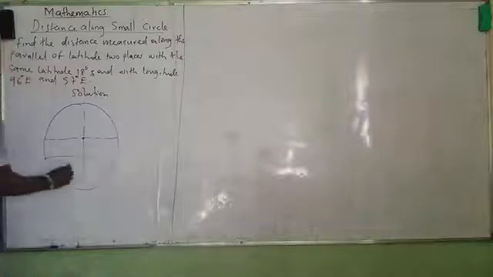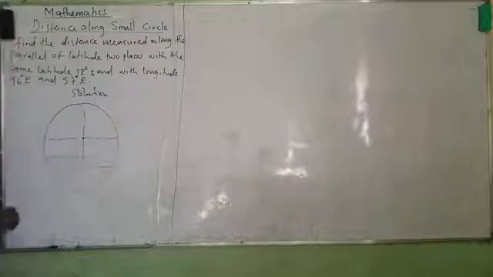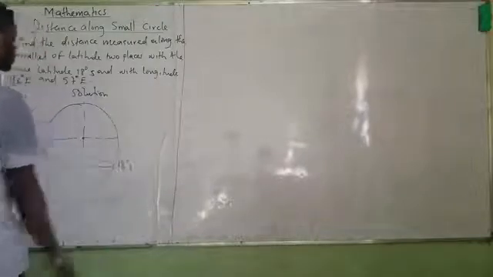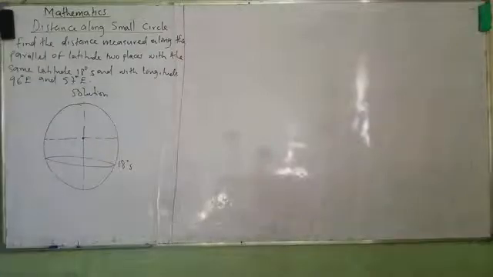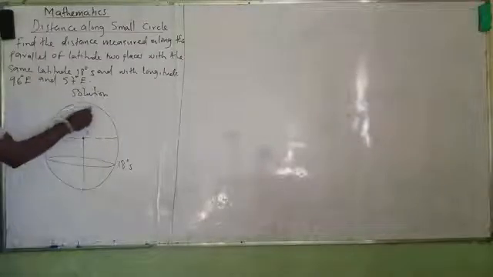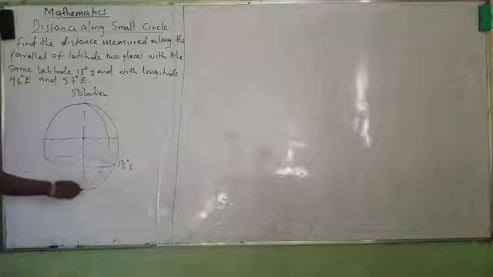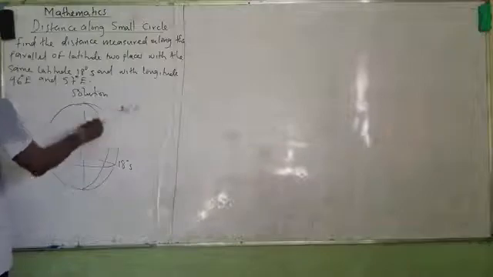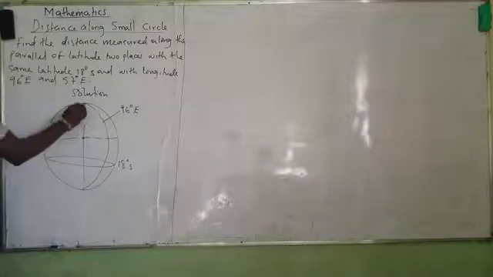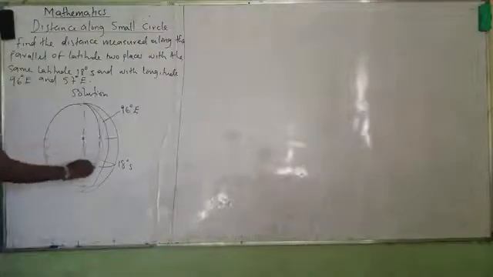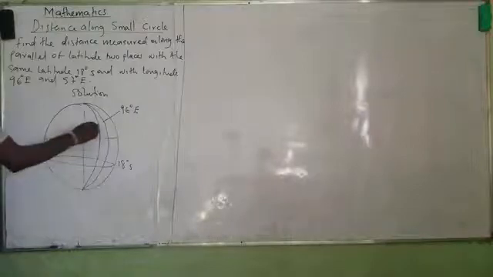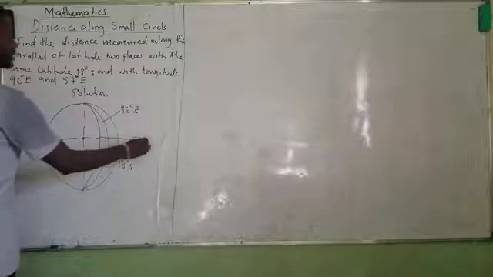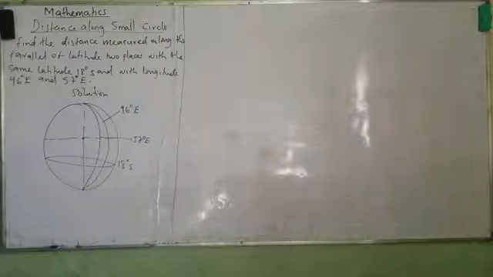I'm just sketching anyway. I can call this place 18 degrees south. Now I move on to 96. I call this place 96 degrees east, and here could be 57 degrees east. That is what we are talking about.